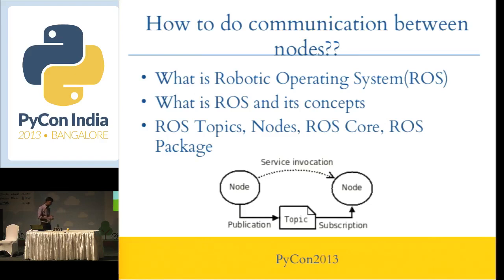It has functionality similar to an operating system, like a message passing interface, low level hardware abstraction, low level APIs to access the devices, and package management. ROS is mainly used in high-end robots, but here I am demonstrating it on this robot for understanding the concept of ROS, and ROS mainly uses Python for its working.